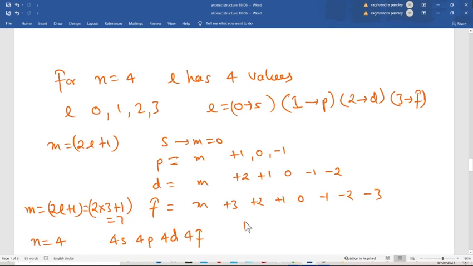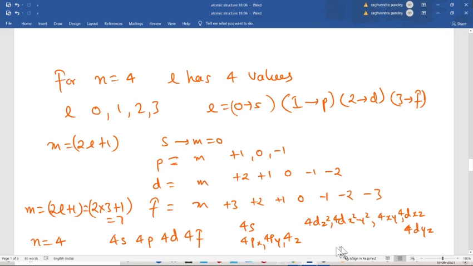So we can write 4s, then 4px, 4py, 4pz. Then 4dz2, 4dx2-y2, then 4dxy, 4dxz and 4dyz.